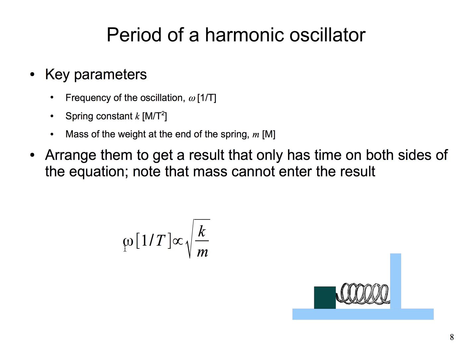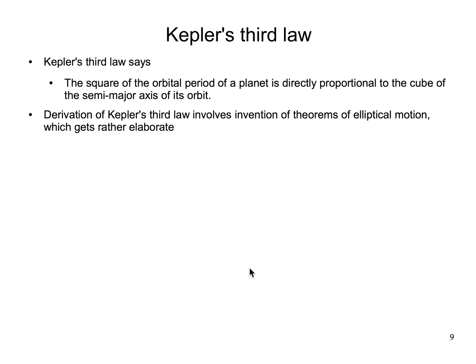So we get that the frequency, which is in units of 1 over time, means that whatever we have on the right side has to have the units of 1 over time, and the way to get that is k over m. The k has mass, and the mass of the object has units of mass, and those cancel. And so we're left with 1 over time squared, and you take the square root and you get 1 over time. And indeed, this is the frequency of an oscillator of this type. Once again, we're missing the 2 pi.